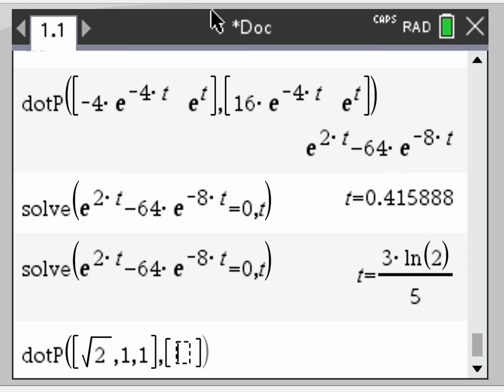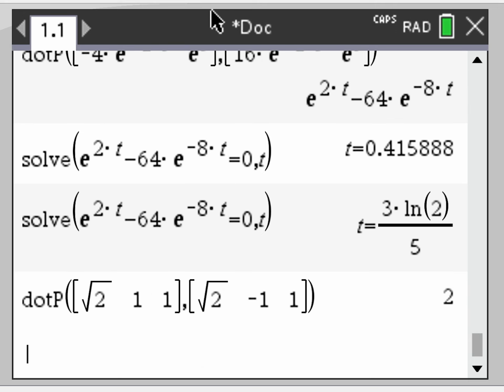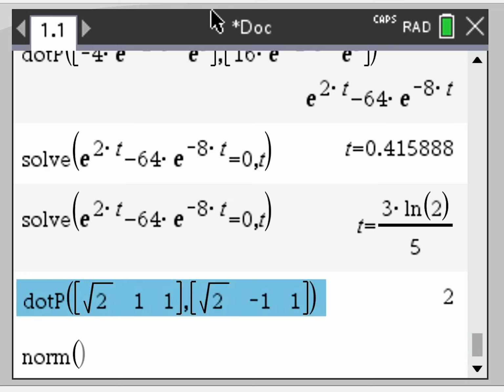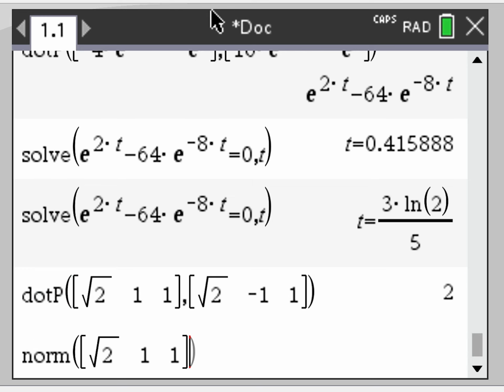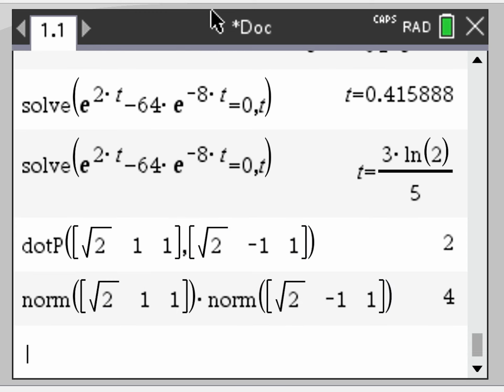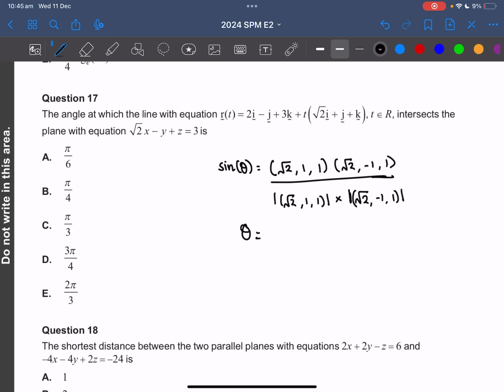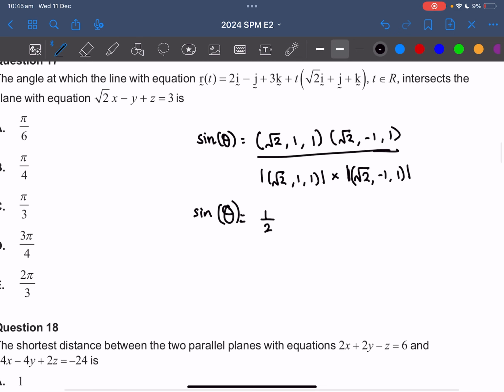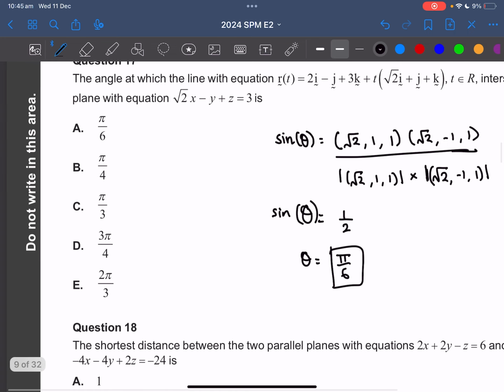Okay, so this is our dot product, and now we just find the norm and multiply them. So we have that times the norm of the second vector. So we have sine theta equals 1/2. I mean, it's 2/4, but it simplifies to 1/2, right? And sine inverse of 1/2 is basically going to be pi/6. So our answer is going to be A.